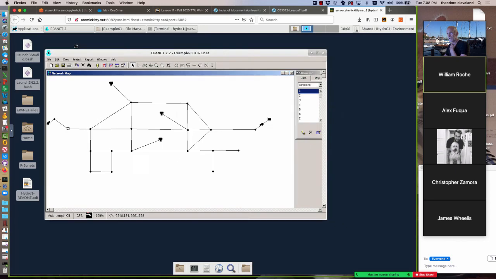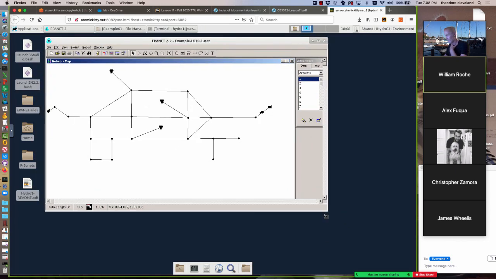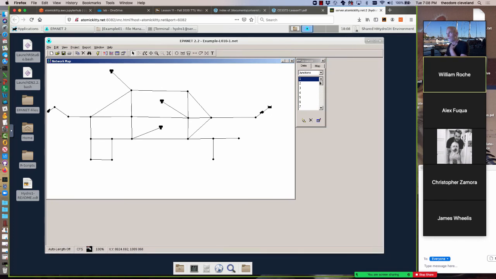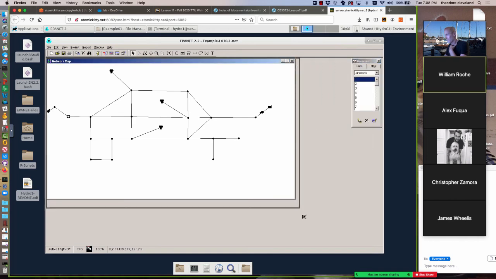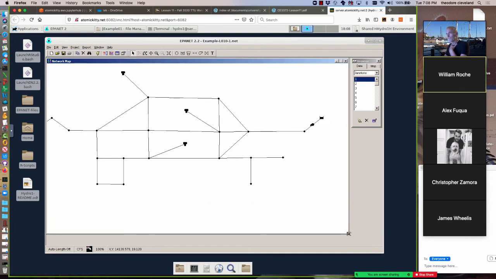Let me make a little bit more real estate on the screen so we can see what's going on. Some of these 10-year-old models, the layout isn't quite as good as it would be if I were to build them today. But watching me move dots and stuff around on the screen is probably not the best use of collective time.